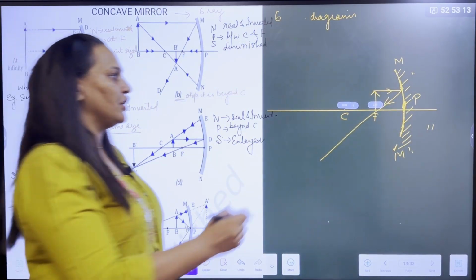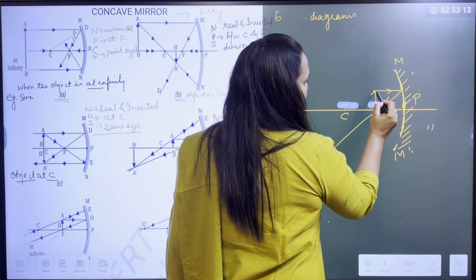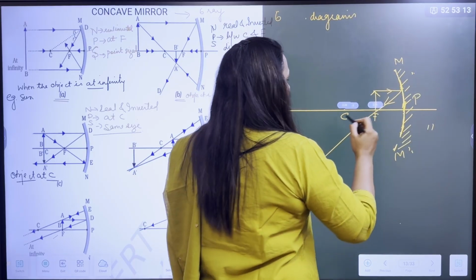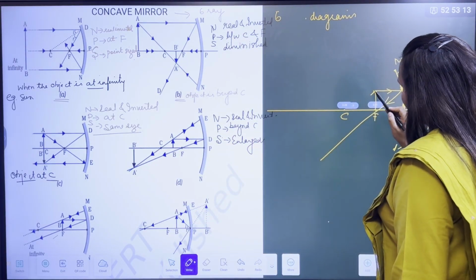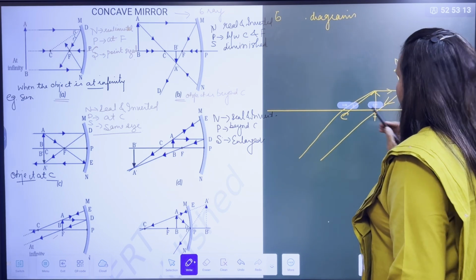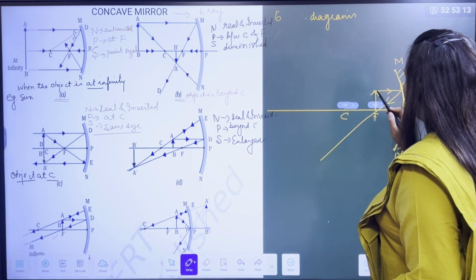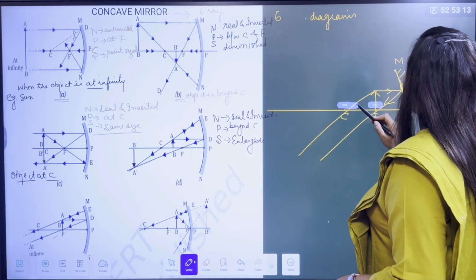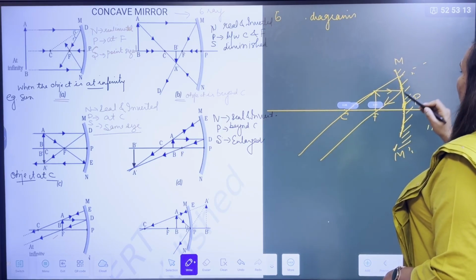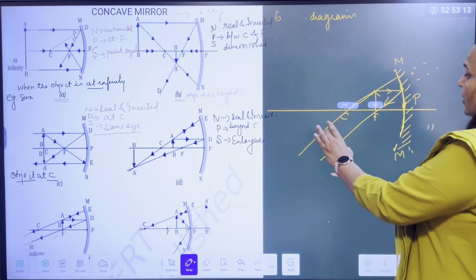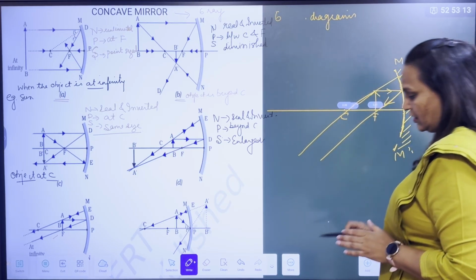And how will the second ray go? Already object is at focus, so draw from the tip of the object through C. If you draw with the scale, it will come exactly like this. If you extend behind also, they will not meet. Even here they are not meeting.